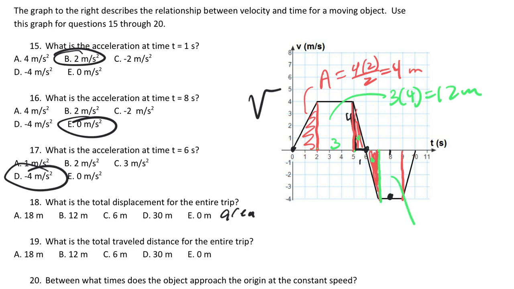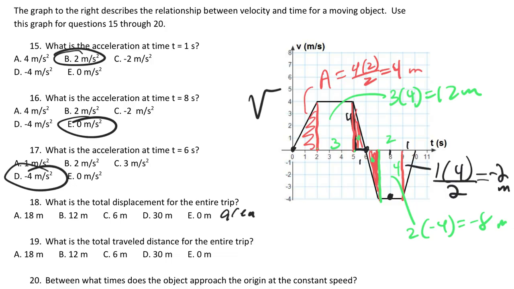The area of this triangle is 2 times 4, but negative. Okay, the area of that triangle is 1 times 4 divided by 2 because of the triangle, so that's negative 2 meters.